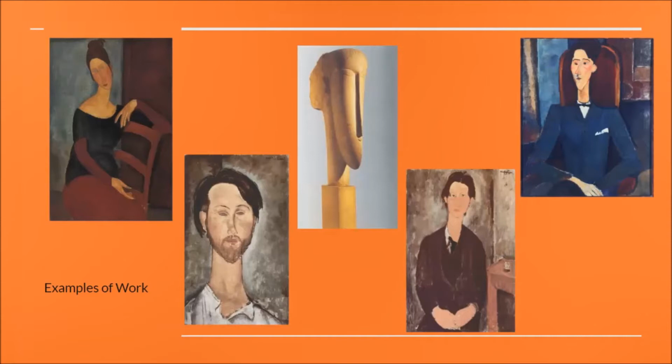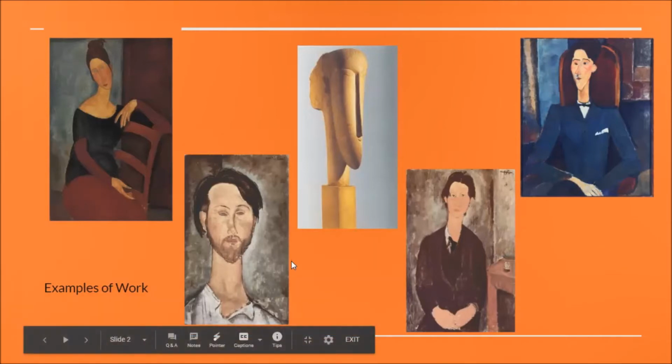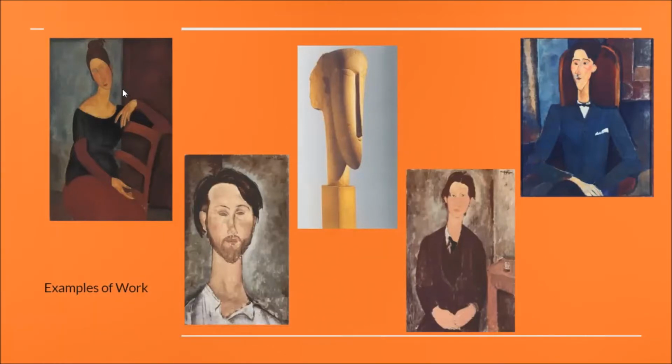And those long, narrow faces and the long, narrow noses. And some of the eyes, just like in this one, almost look hollow, like there's nothing there, like it's a mask. It almost resembles a mask.